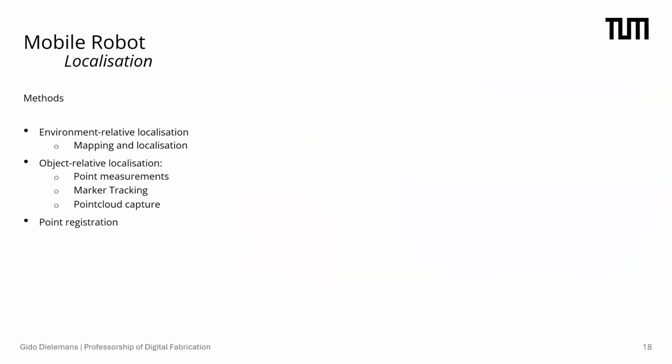With that, I will move on to the localization method. So this is also something that we have now implemented. You can differentiate between a couple of different categories again. So we have environment relative localization or object relative localization. And especially for this latter one, we commonly have to do a point registration method.